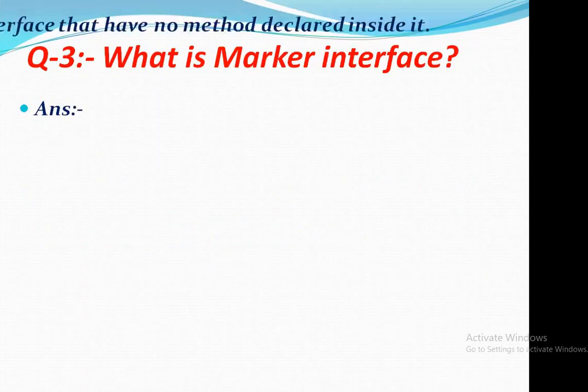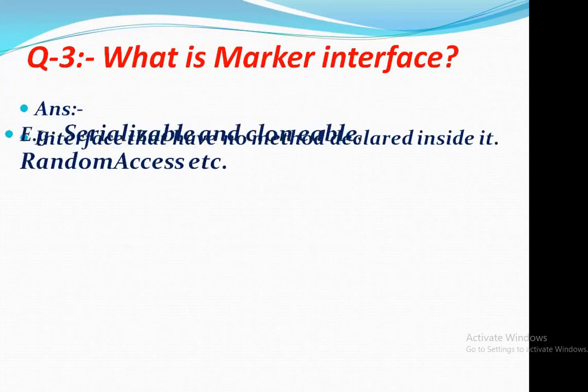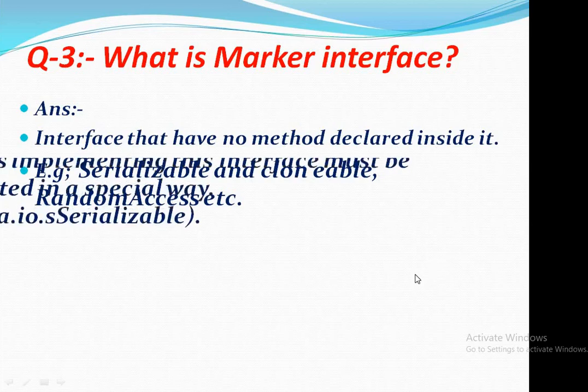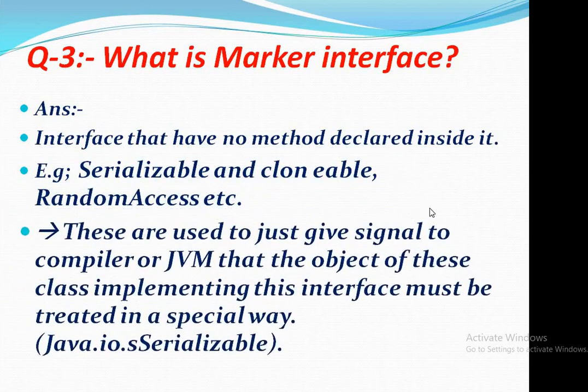What is a marker interface? An interface that has no method declared inside it. An interface which has no methods at all is called a marker interface. For example, Serializable, Cloneable, RandomAccess, etc. These are used just to give a signal to the compiler or JVM that the object of a class implementing this interface must be treated in a special way.